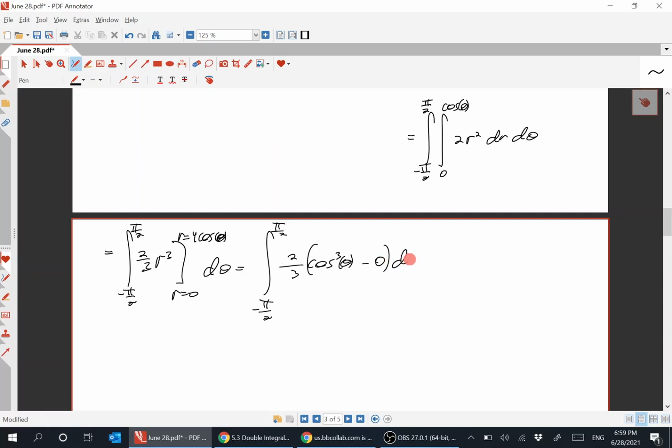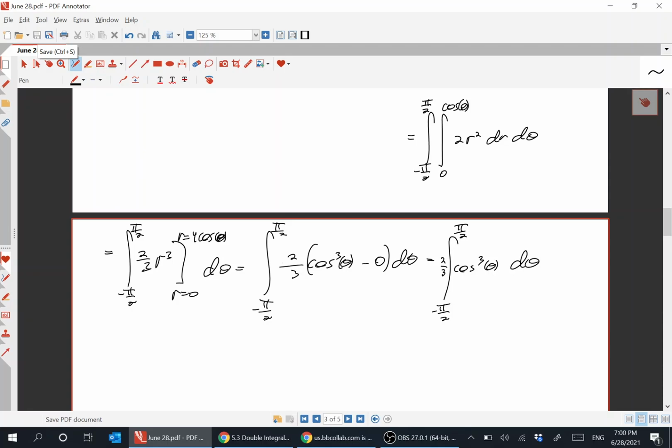Okay, d theta, so this is the integral from minus pi over 2 to pi over 2 of 2/3 cosine cubed theta d theta.